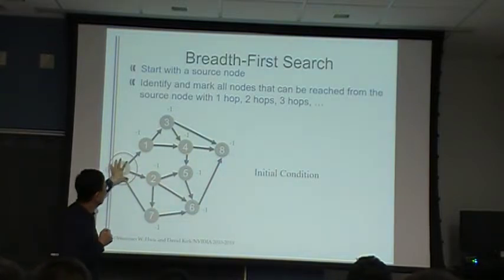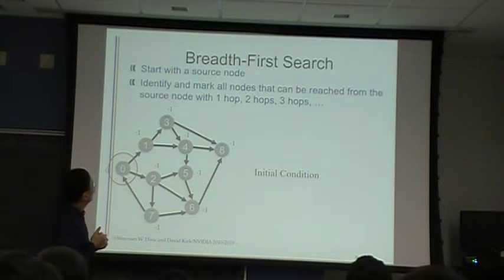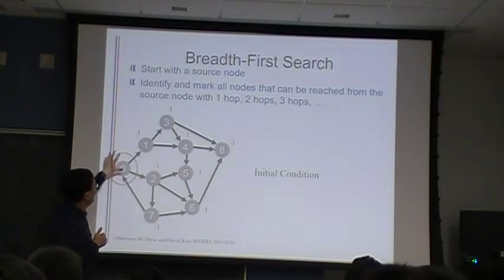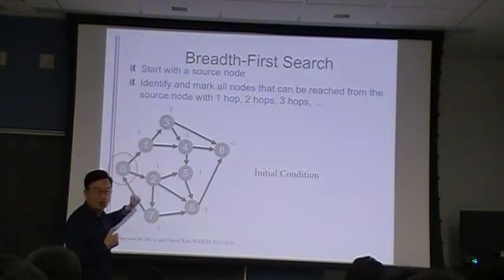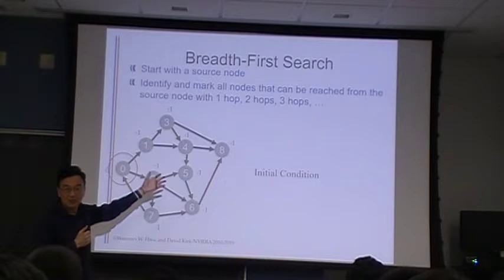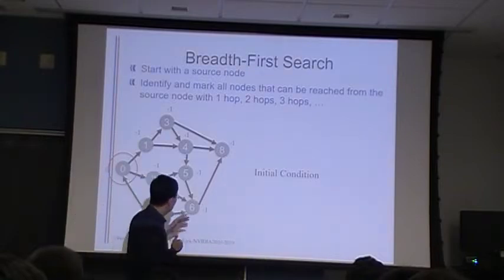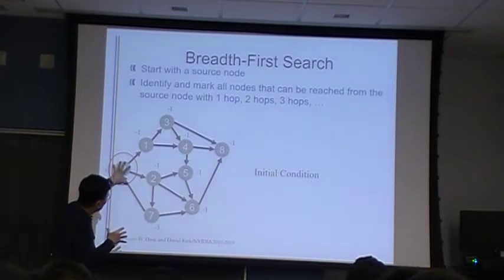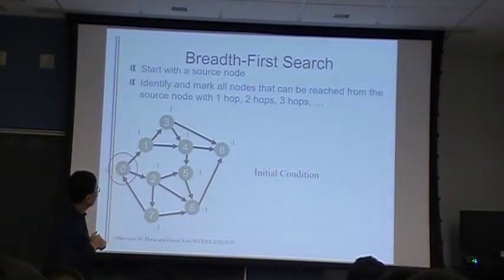Let's say if we start with 0, then we start with that source node, and we need to identify and mark all the nodes that can be reached from the source node with 1 hop, 2 hops, 3 hops, right? So we start with this node and say, okay, with 1 hop, what are the nodes that I can get to?